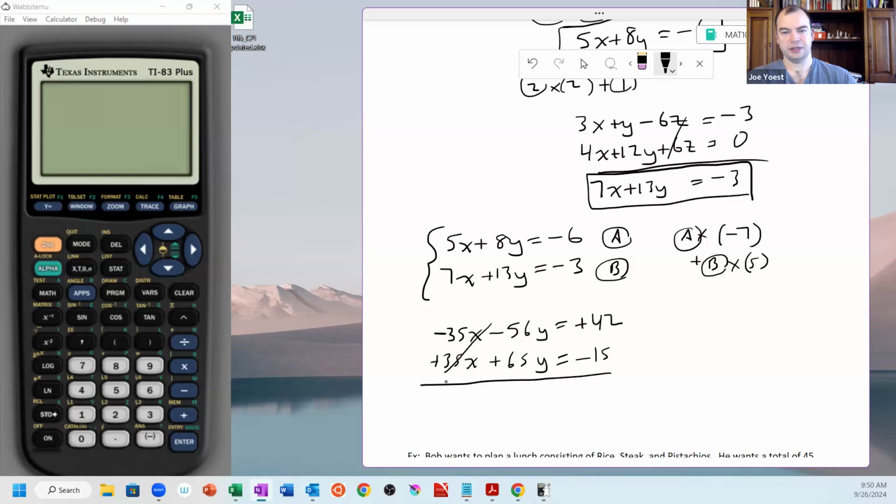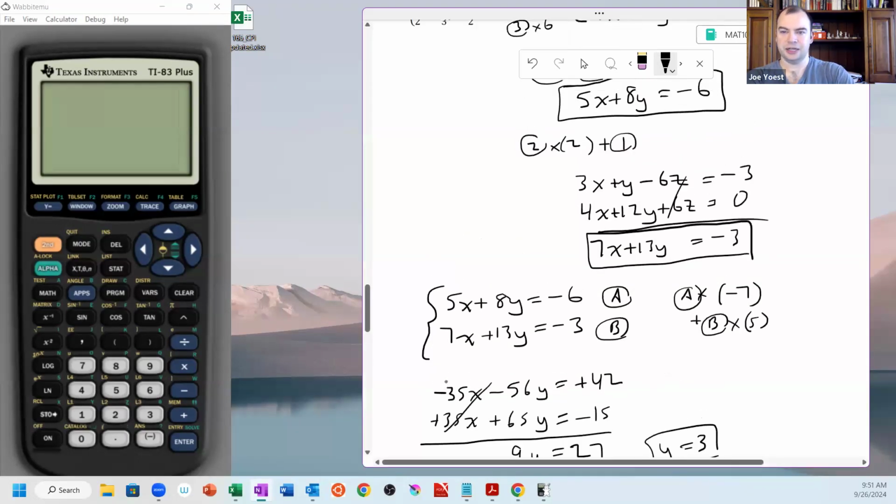I add these 2 together, my x's go away. I have 65y minus 56y, I think that is 9y. And 42 minus 15 is 27. So y has to be 3. So I've got one of my 3 answers now.